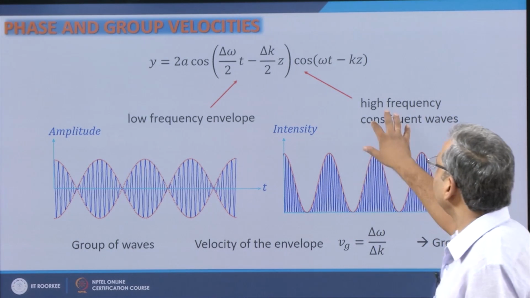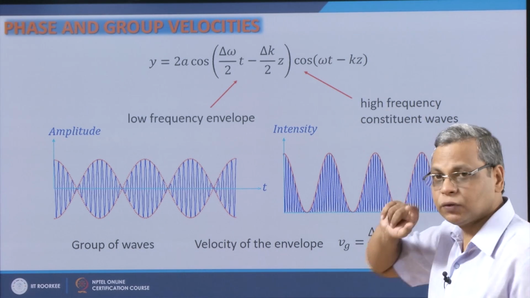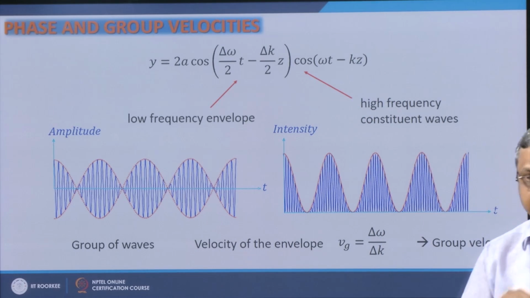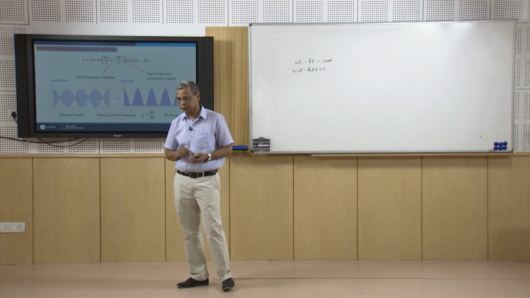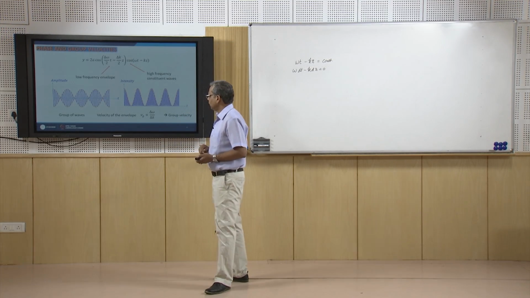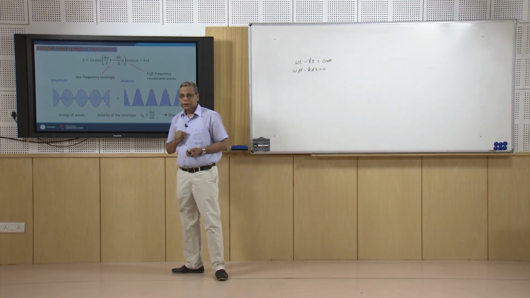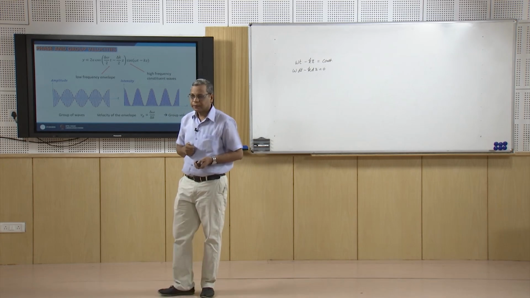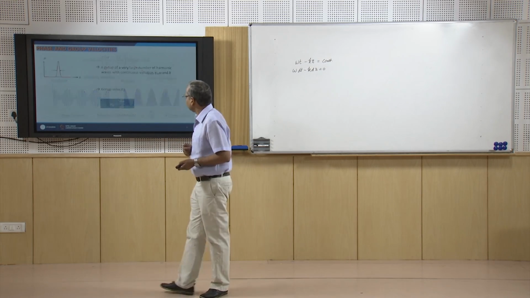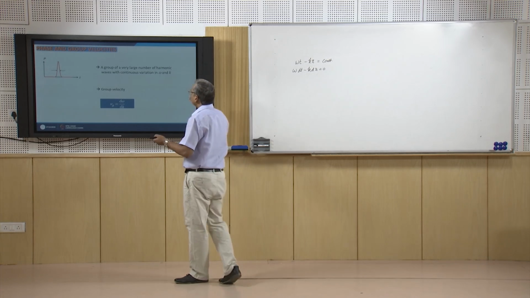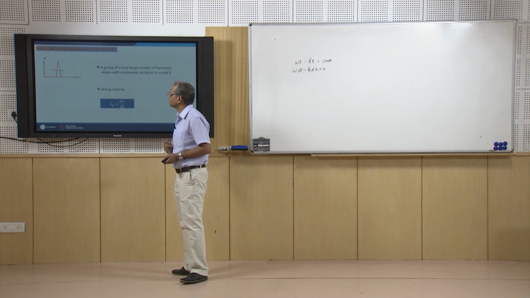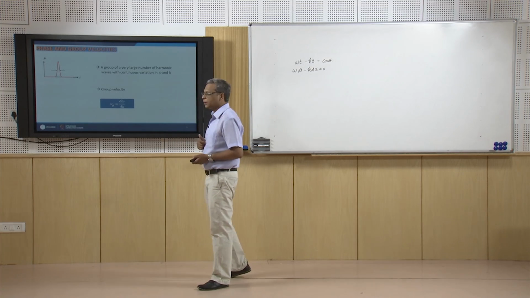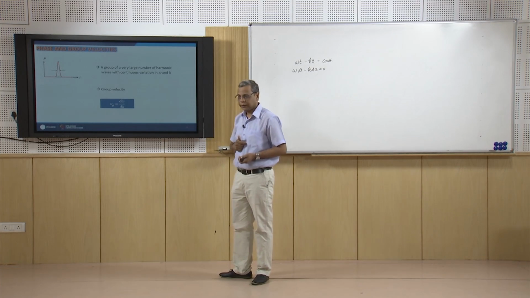However, the individual constituent waves travel with velocity omega over k, which is the phase velocity of the constituent waves. So, this is a series of groups, but if I have a pulse, an isolated pulse, then it is a group of a very large number of such harmonic waves with continuous frequency variation in omega and k.